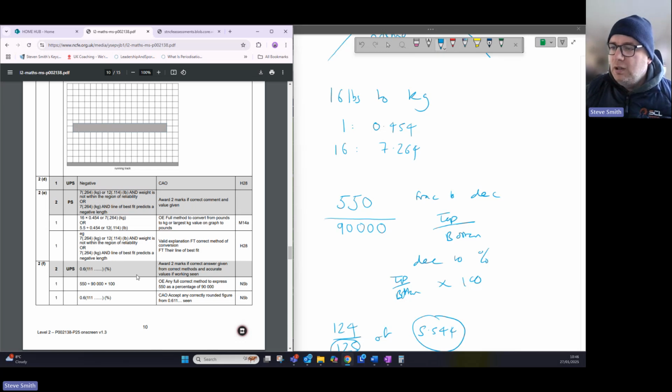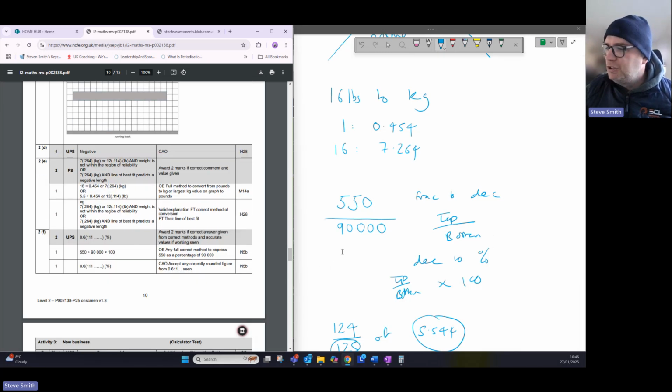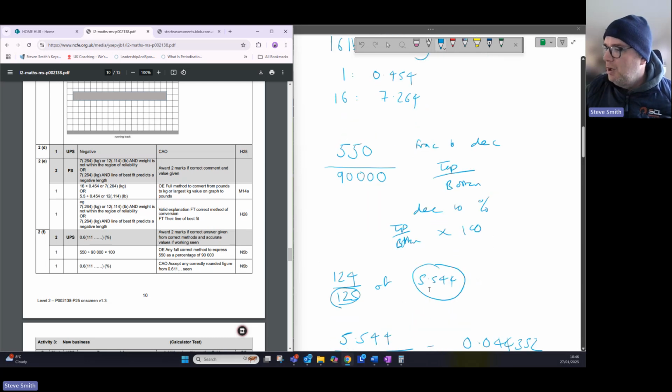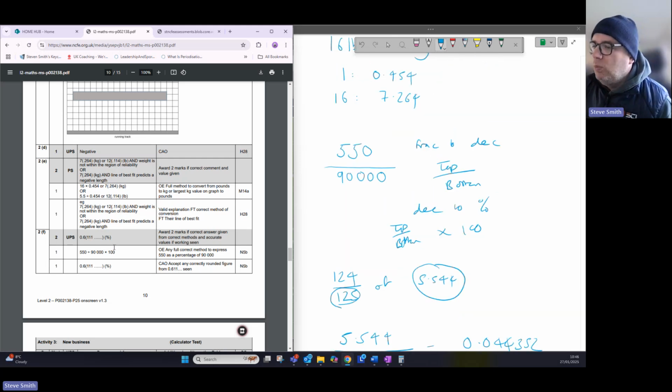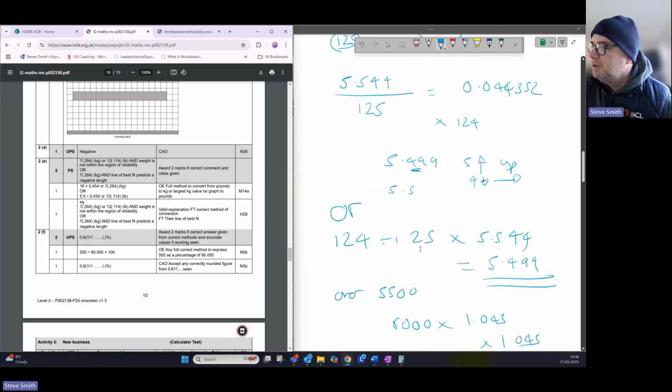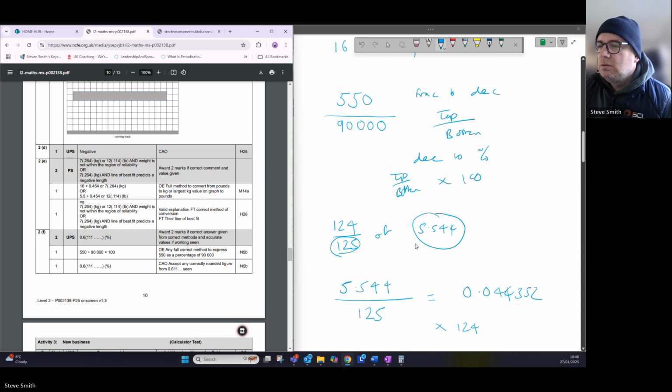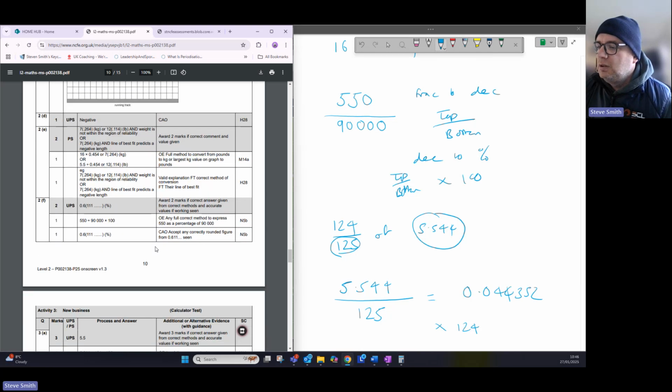Then we've got here, I'm looking for the matching one, 550 divided by 90,000, done that times by 100, 5.444. Why does ours say 6.11? Checking here, 0.6. Why have we got a different number there? Interesting. Okay, maybe 2F is a different one as well.